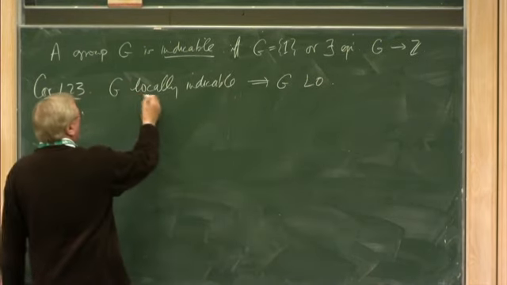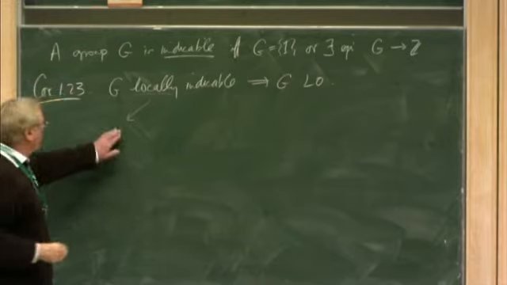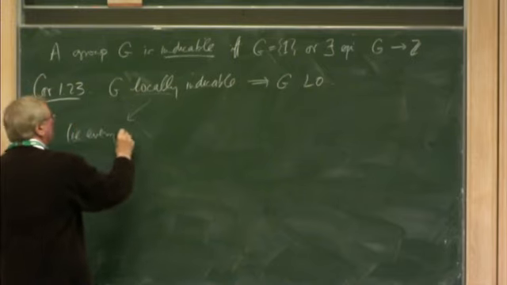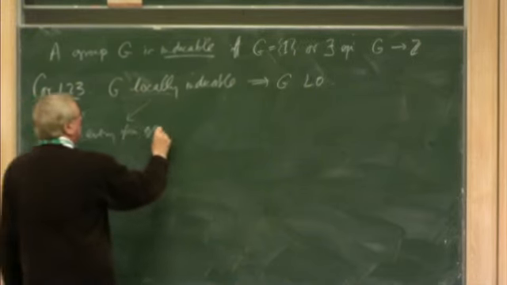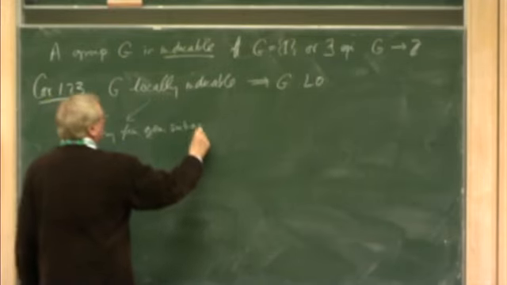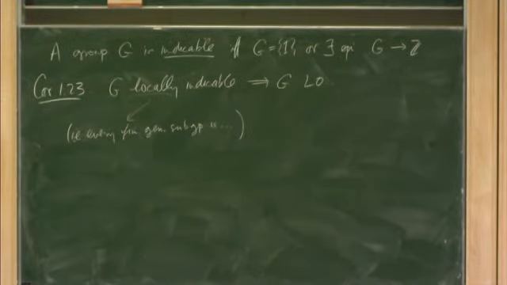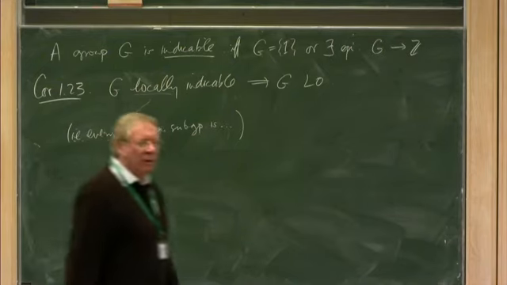Let me remind you that G is locally indicable if every finitely generated subgroup is indicable. That's immediate, because if G is locally indicable, then every finitely generated subgroup, if it's non-trivial, maps onto Z, and Z is left orderable.